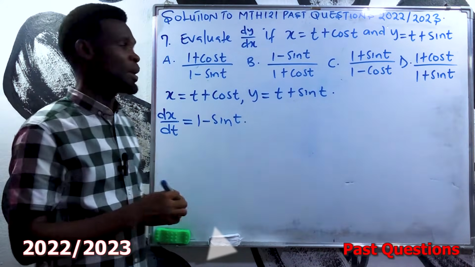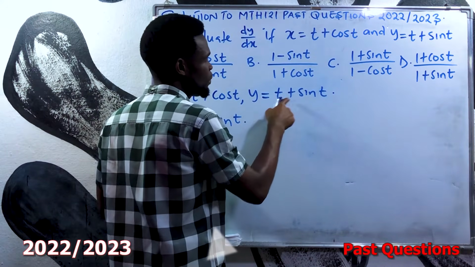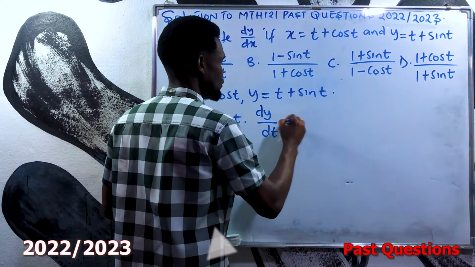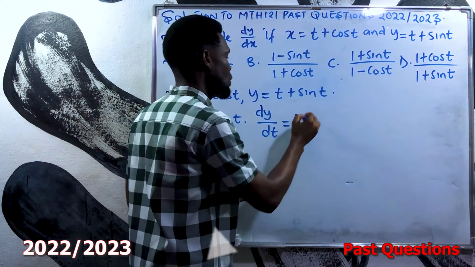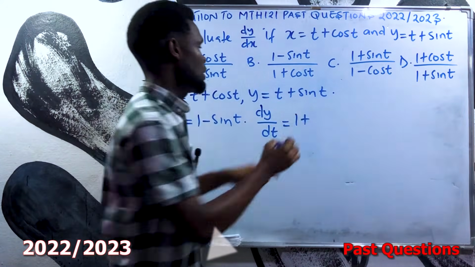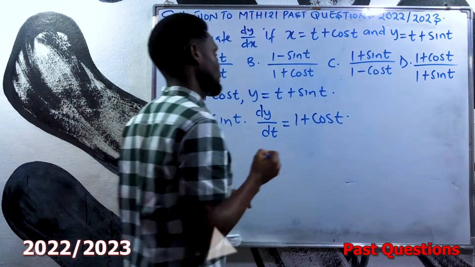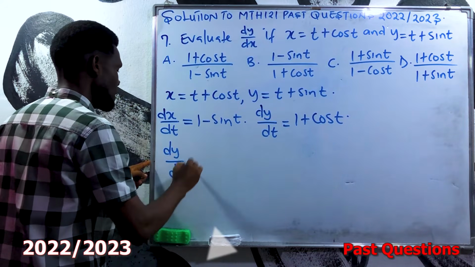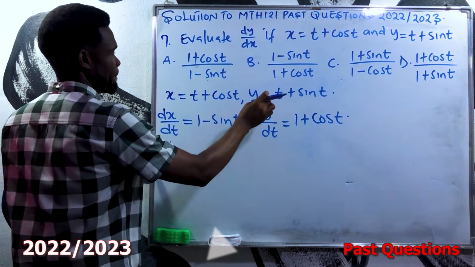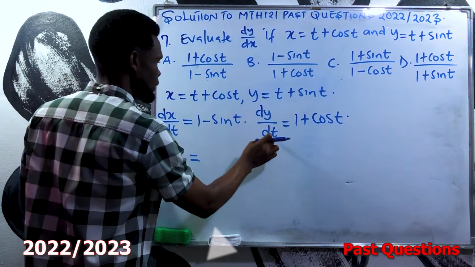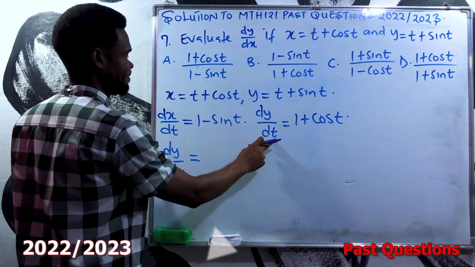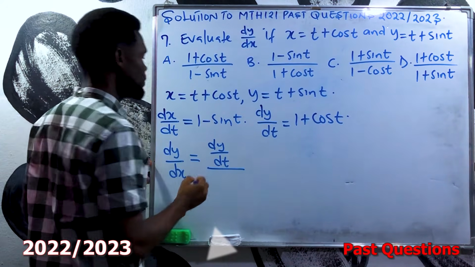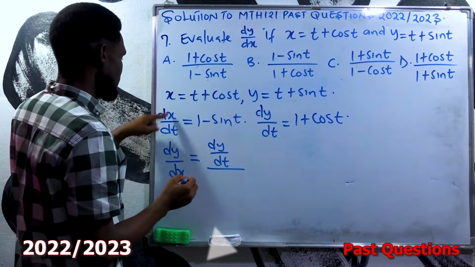Move to the next function. y is a function of t plus sin t. That means dy over dt will be equal to the derivative of t, which is 1, plus the derivative of sin t, which is cos t. So the parametric formula: dy over dx is equal to dy dt divided by dx dt.